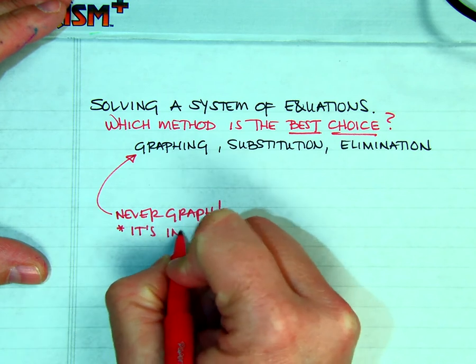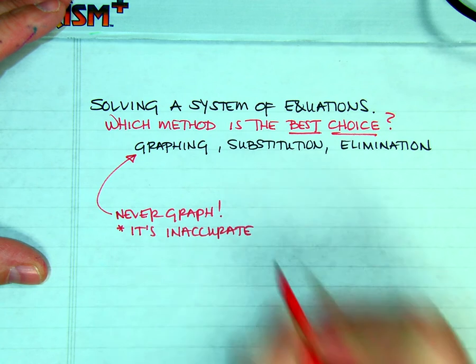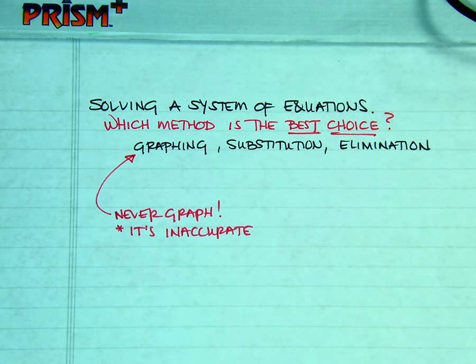It's inaccurate. We don't know if the answer is going to be a nice, neat ordered pair. Maybe the ordered pair that's actually the solution is 1.5 and 2.57. We don't know that. So I would never graph unless the directions say you have to graph. Okay?